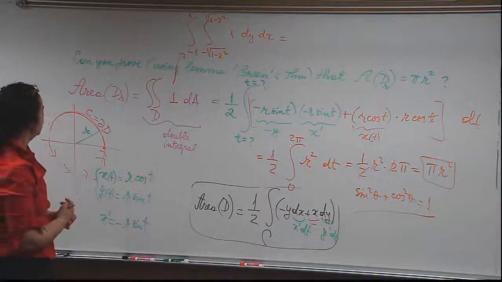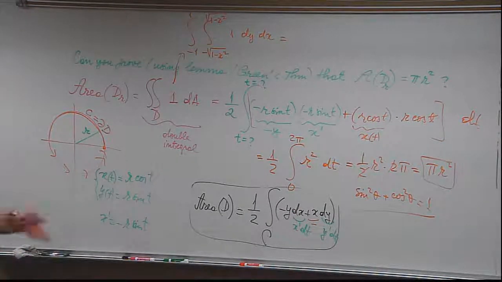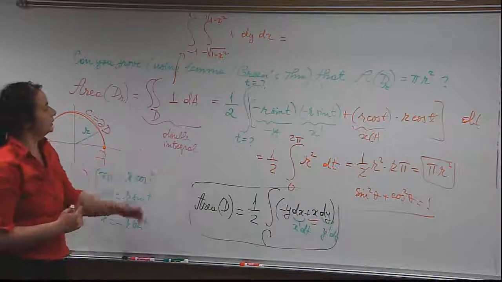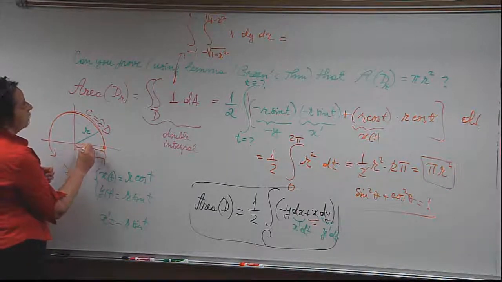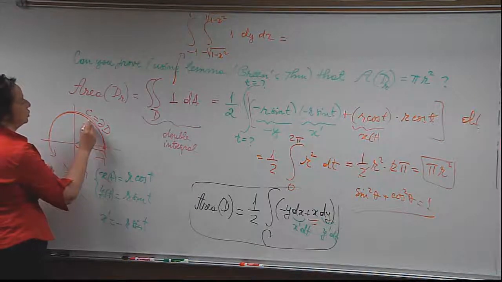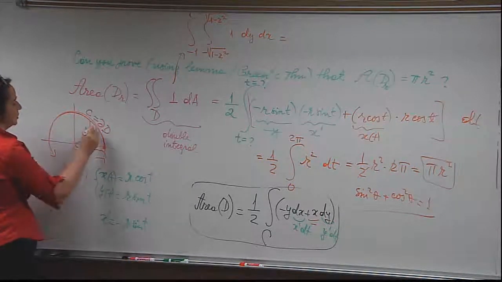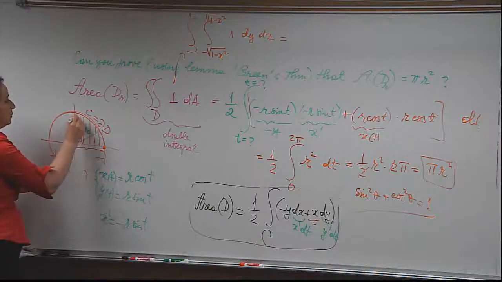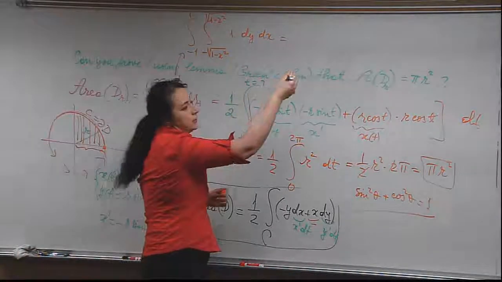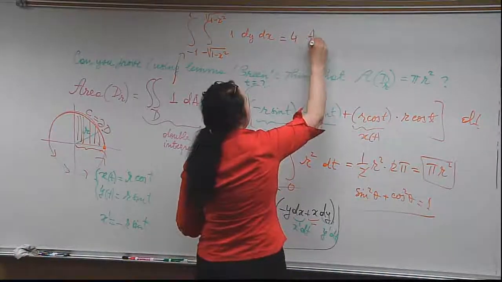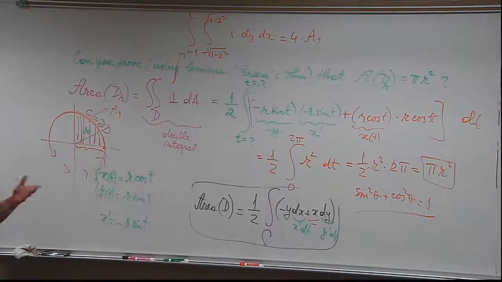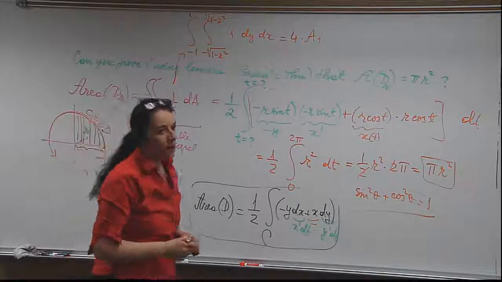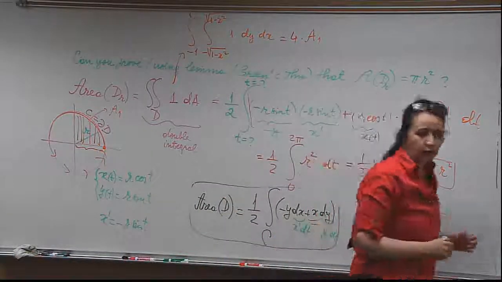And you can take 0 to 1 and 0 to that. You have x from 0 to 1, and y from 0 to square root of 1 minus x squared, like the strips. And you have 4 times that A1, which would be the area of the first quadrant, and you can do that a little easier.